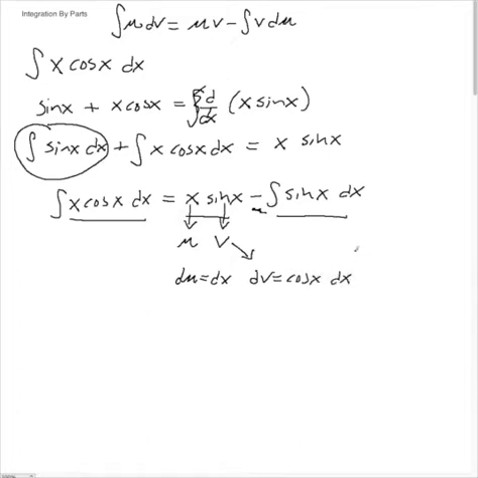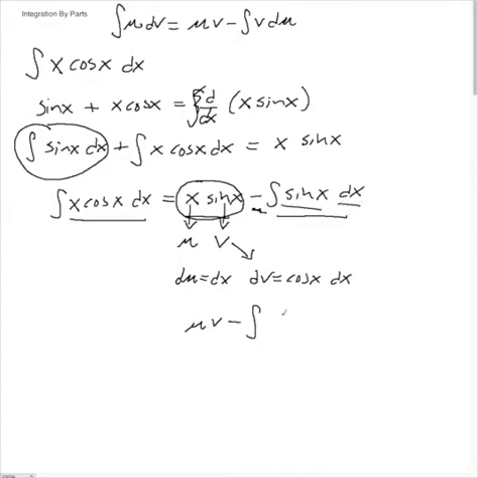Now, pause the video, make sure you're okay with this. The reason is because v is equivalent to the sine of x, and the derivative of sine is cosine, so this is what I get when I have dv. Now, just looking at what we have here, if you go backwards, this section right here is just uv minus the integral of v du.